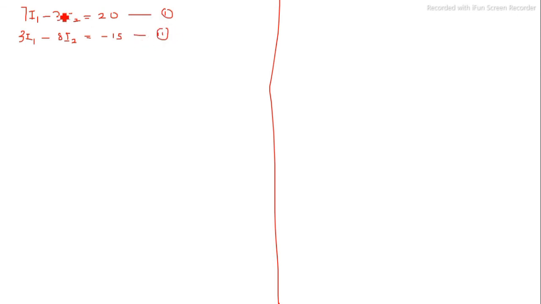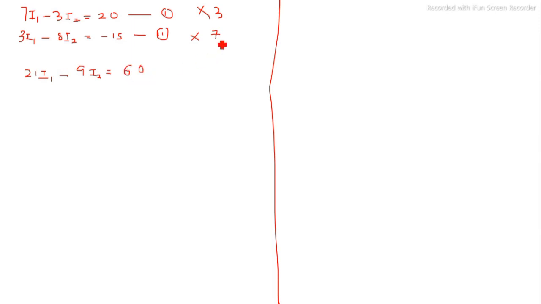To solve simultaneously, multiply equation 1 by 3 and equation 2 by 7 to cancel out the I1. So 7 times 3, that's 21 I1, minus 3 times 3, that's 9 I2, equals 20 times 3, that's 60.